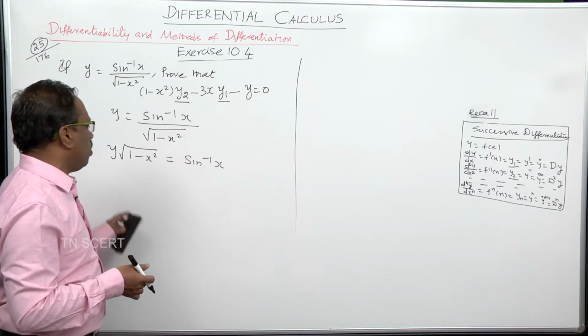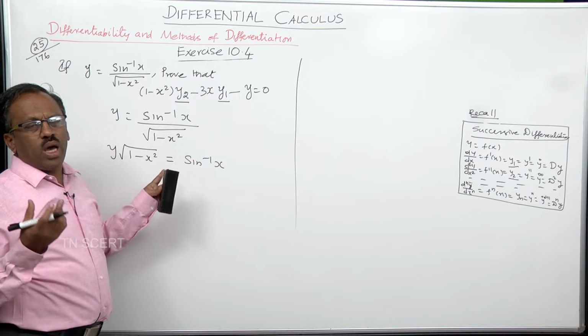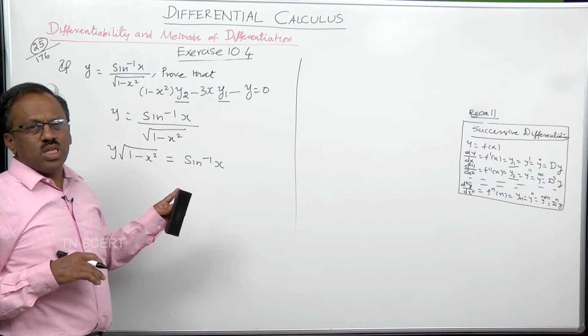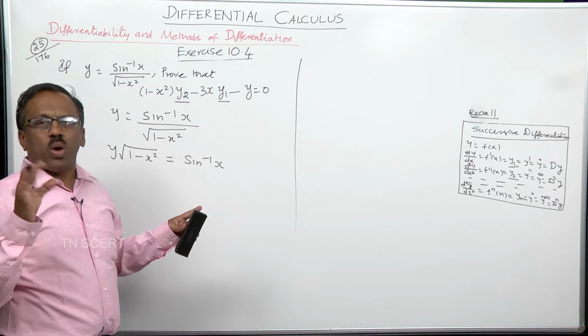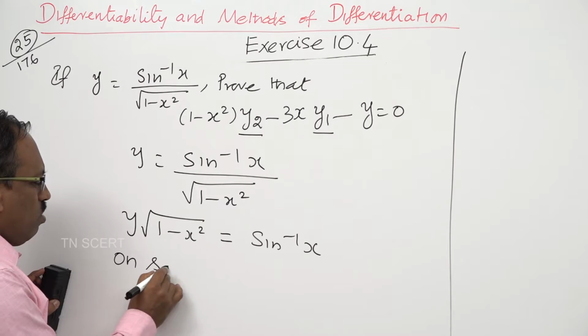Instead, in order to make the sum simple, I can do this with squaring, better, on squaring. What does it mean?